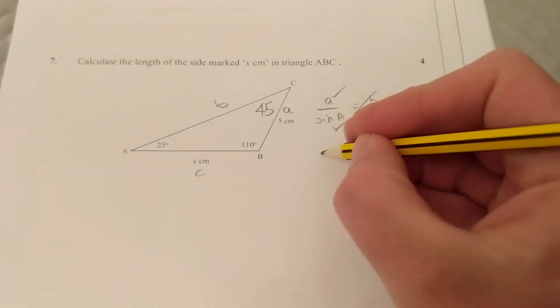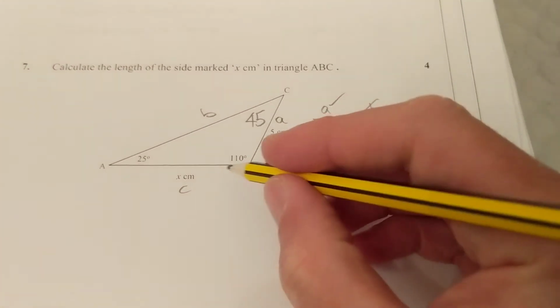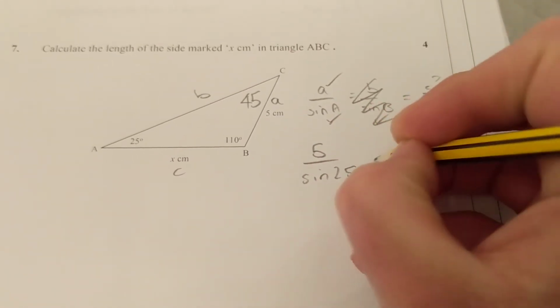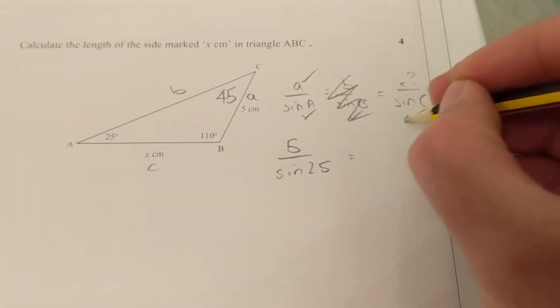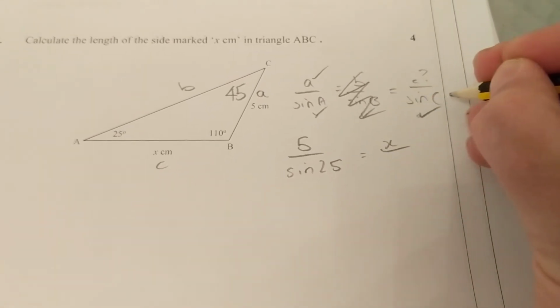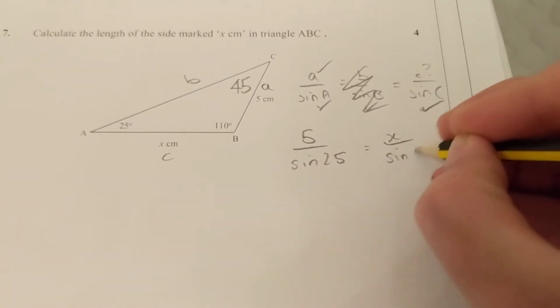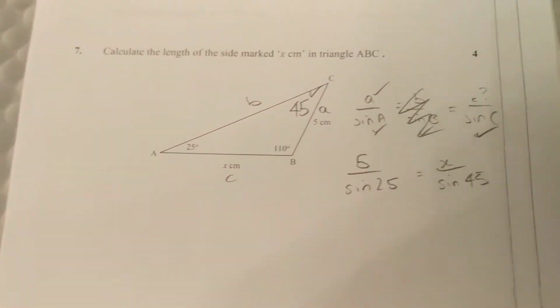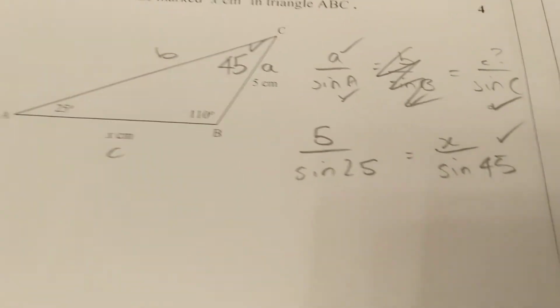We've got 5 over sine of big A there, sine 25, equals little c, which we can call x, over sine c, so sine 45. Okay, now at this point, you're sitting with some marks. You've got your mark for getting the 45 and the missing angle. You've got a mark for using your sine rule, get to that point.